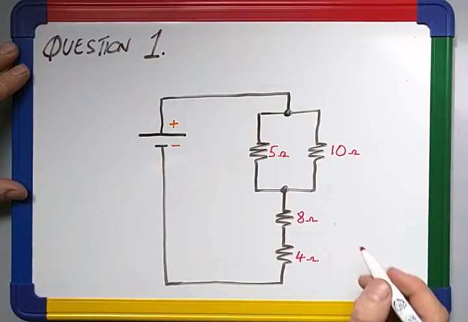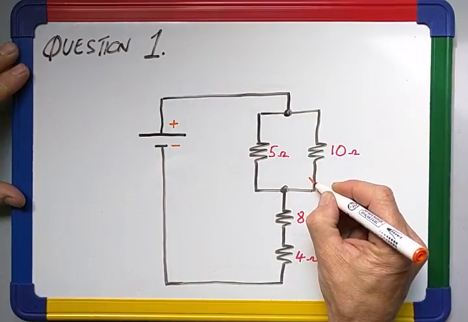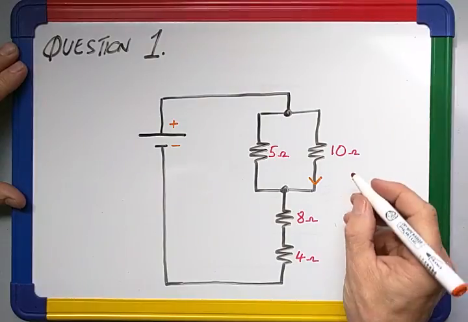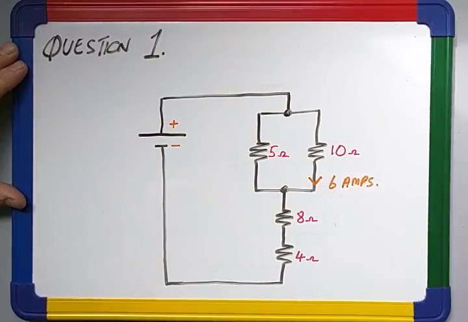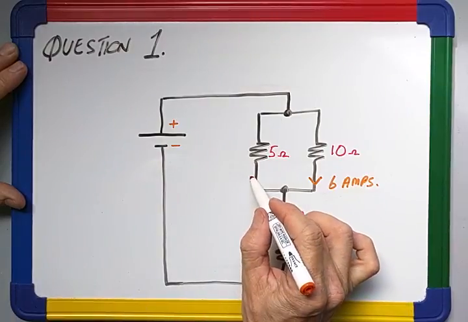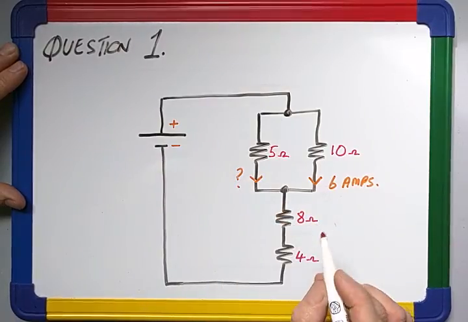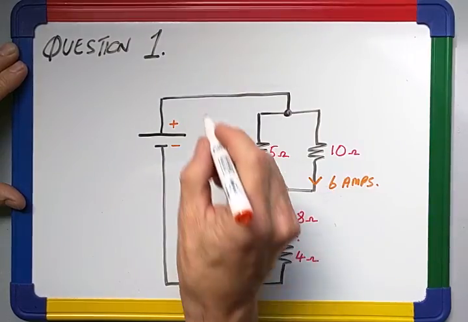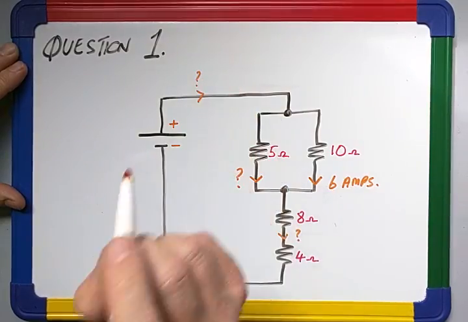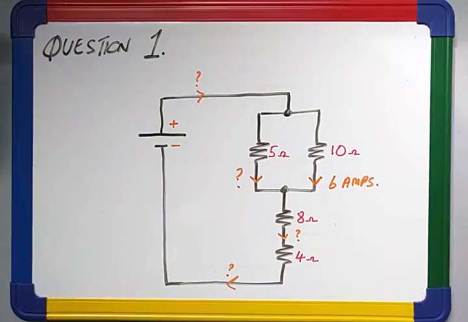And the only thing we know is that the flow rate here is 6 amps. And from that, we should be able to work out the flow rate here, here, here, and here. So have a go at that on your own.